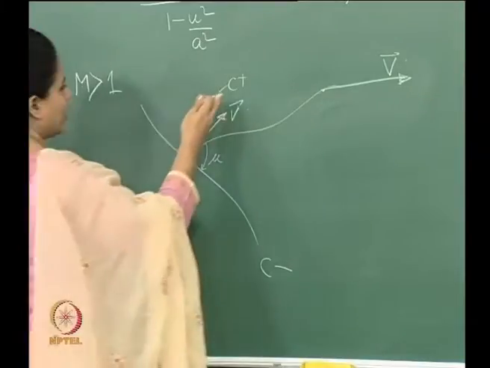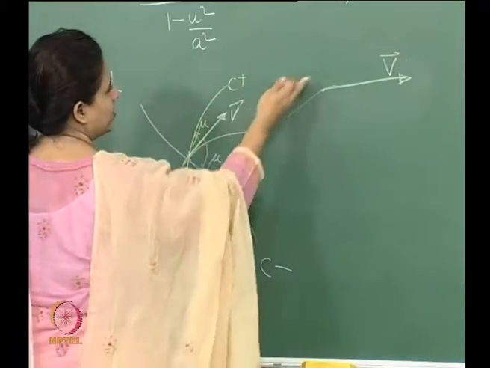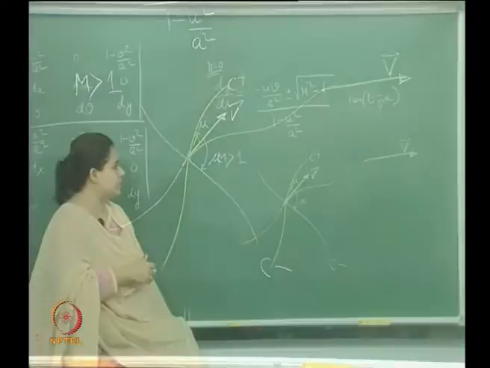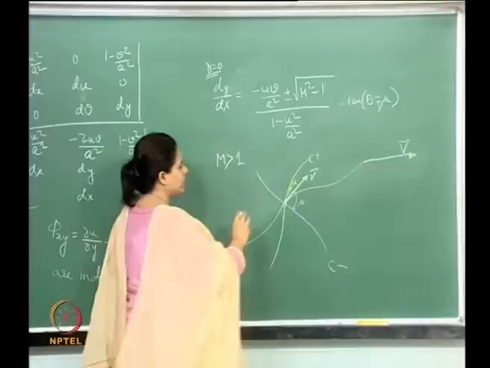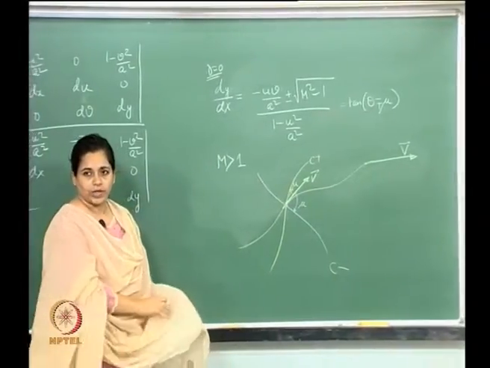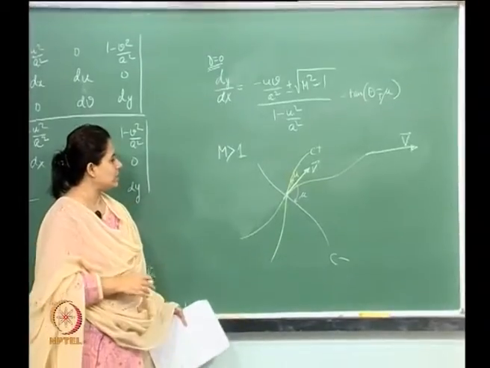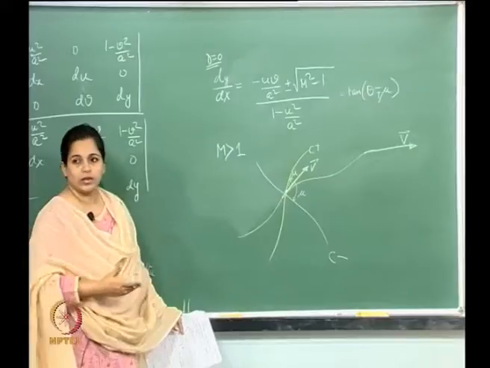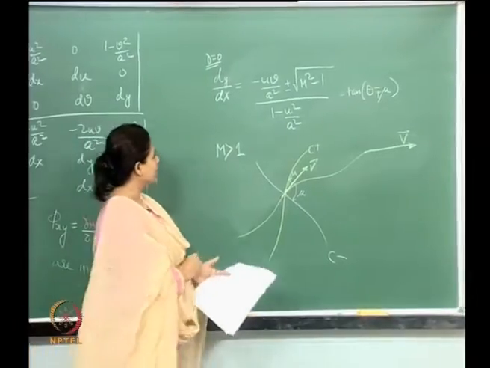So, the direction of C plus and C minus will also change at this particular point. They will be differently oriented at this particular point. So, C plus and C minus do not necessarily have to be straight lines. They can be curved lines, and we will see that.